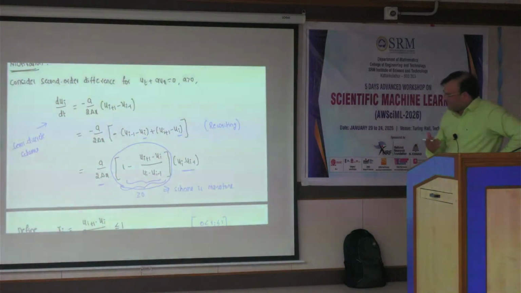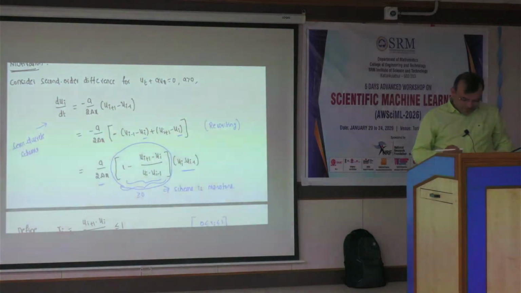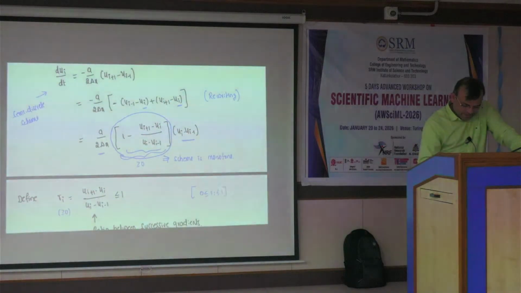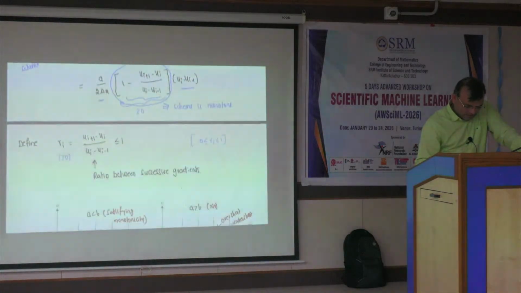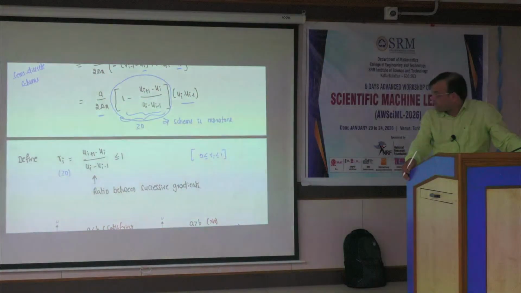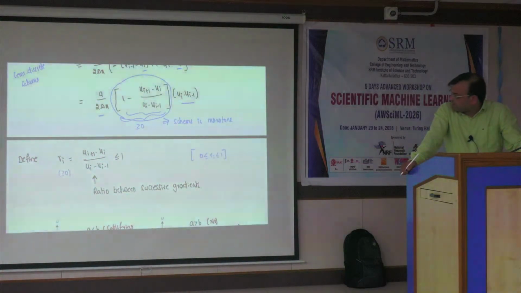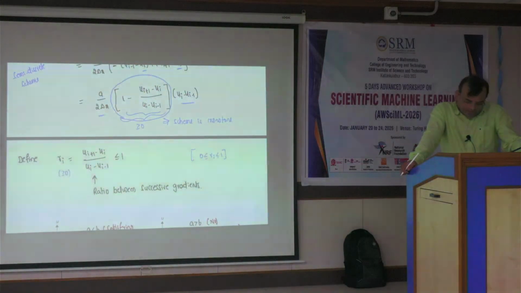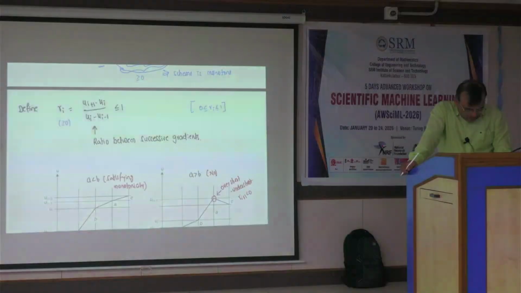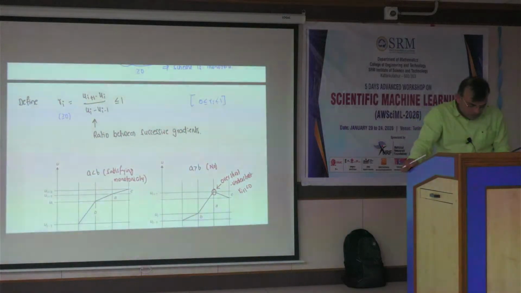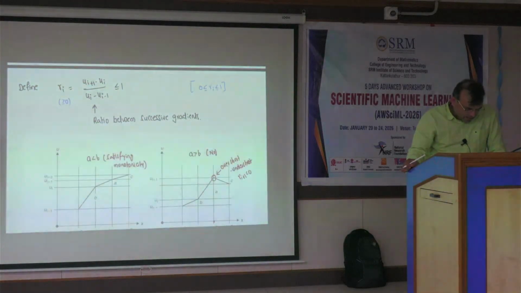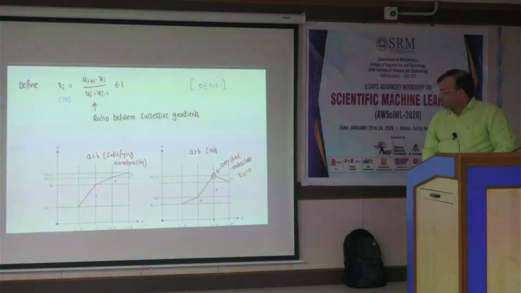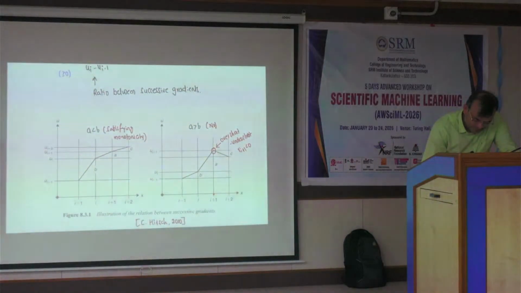But this is not true. We are writing the second order scheme in terms of the first order scheme. Here we are defining (u_{i+1} minus u_i) by (u_i minus u_{i-1}) as the ratio r_i between two consecutive slopes. If r_i is less than or equal to 1, we are able to control it, otherwise not.